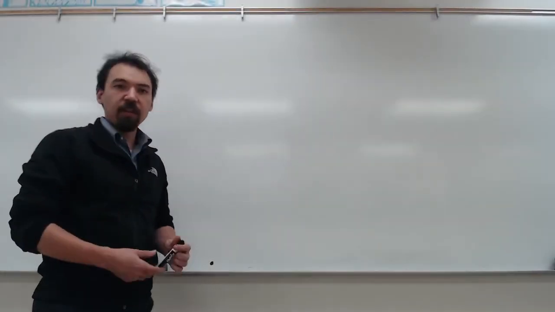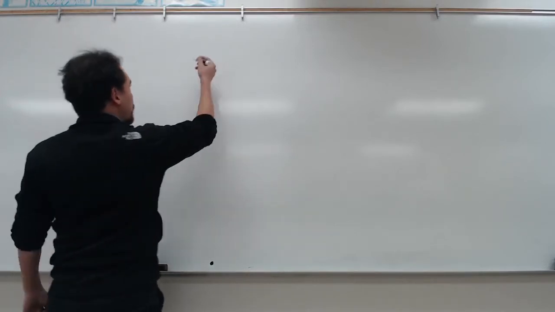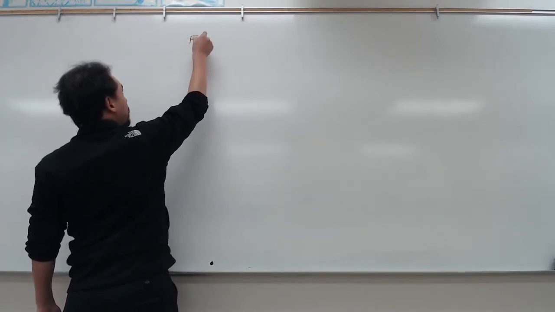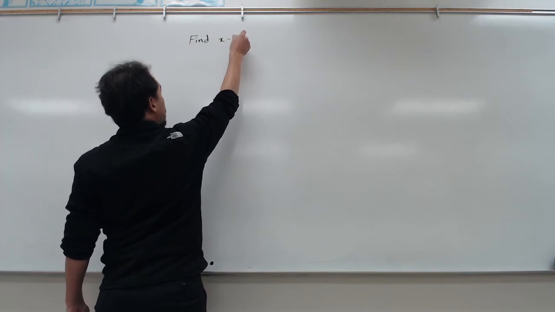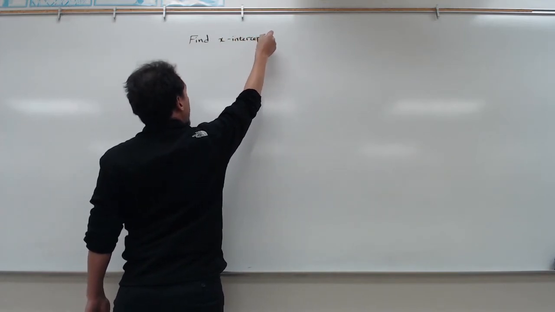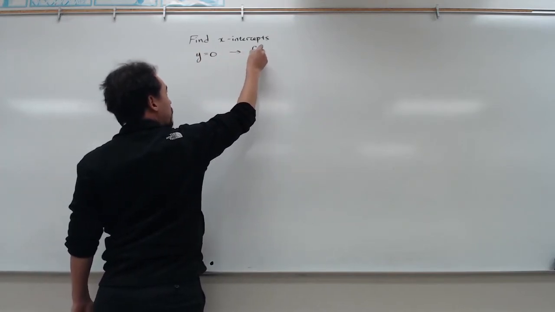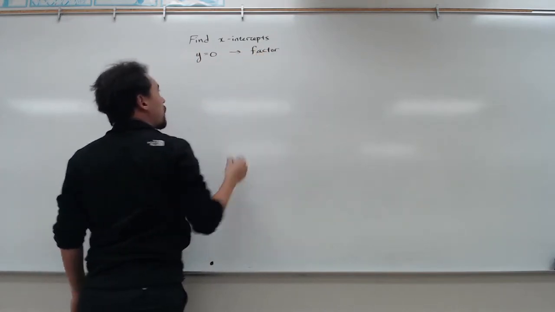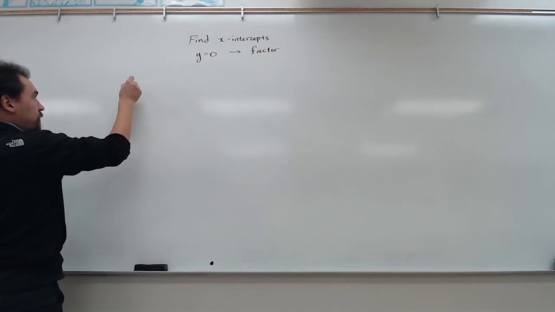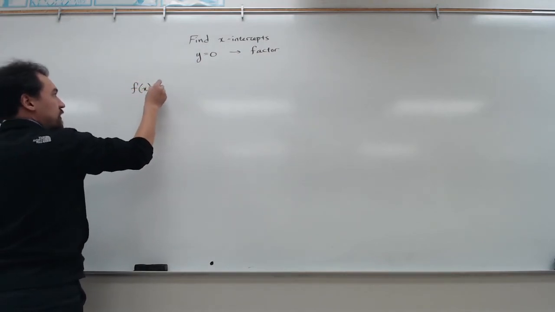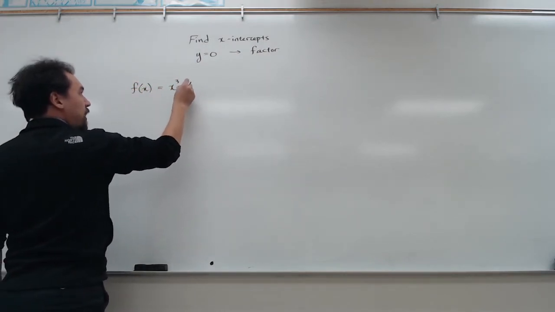Okay, let's try to summarize what we just saw. So in all of that, our goal was to find x-intercepts. And in order to do that, we need to make y equal to 0, which prompted us to factor things. So if we look at our original function f of x, this started off as x cubed minus 4x.